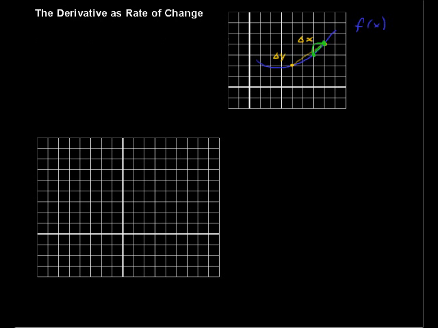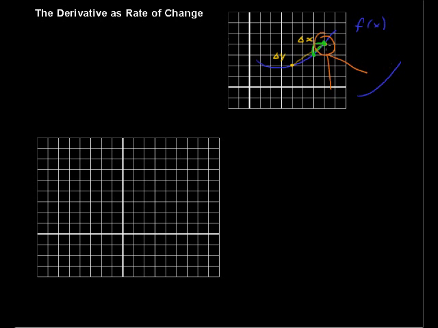Now I'm going to blow this up and take this spot right here and blow it up here. And now we have this part of the curve drawn. I'll draw it in blue just to stay consistent here.